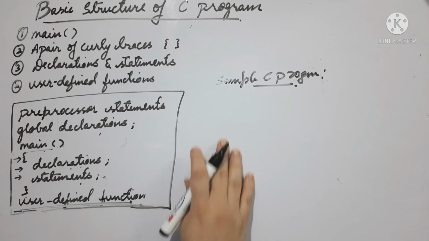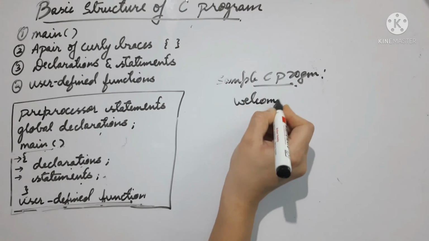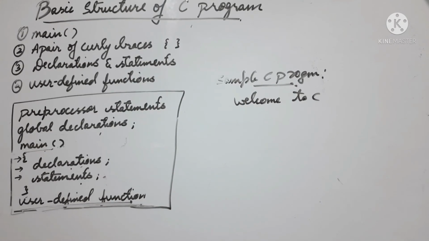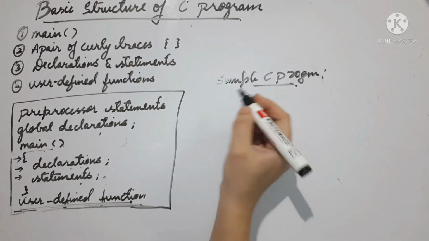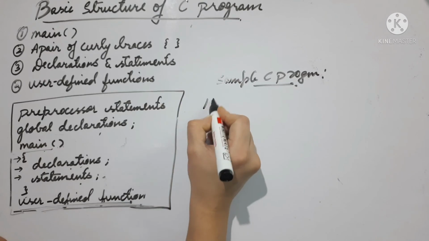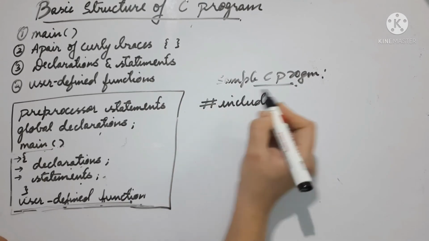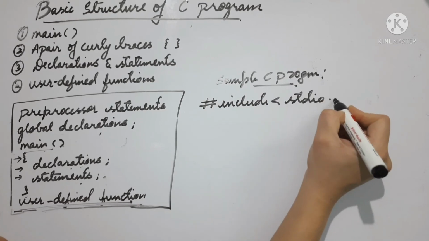Suppose I want my screen to display welcome to C. I want my computer to display welcome to C. So how can we do that? Let's start writing the C program. First we have to make use of a preprocessor statement. So let me write hash include stdio.h.